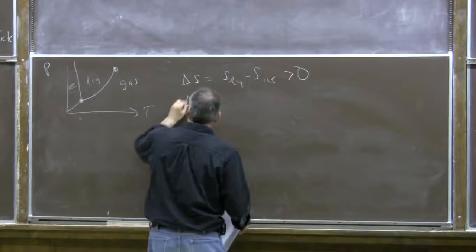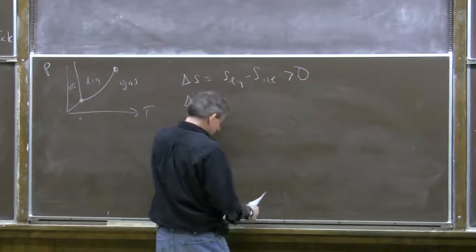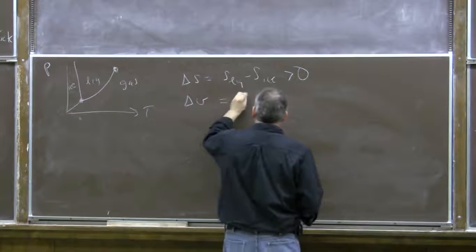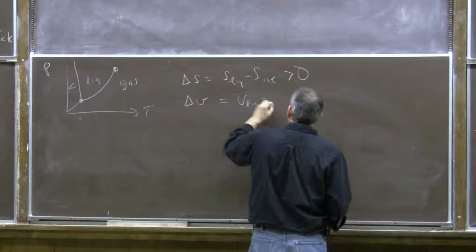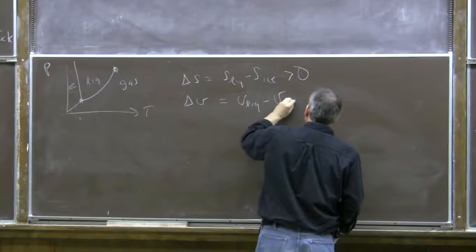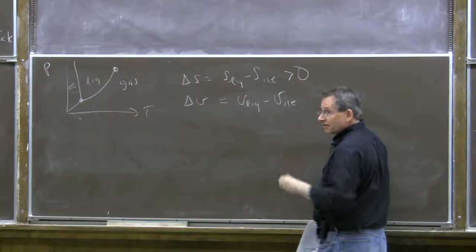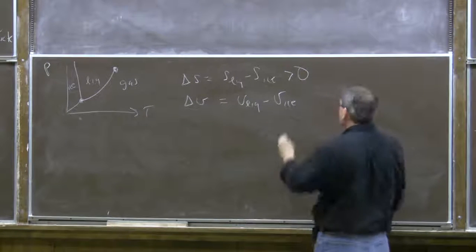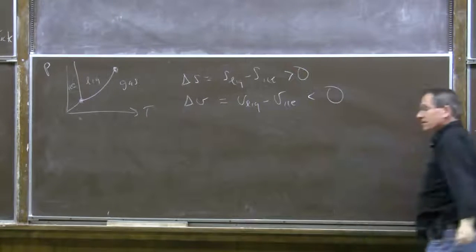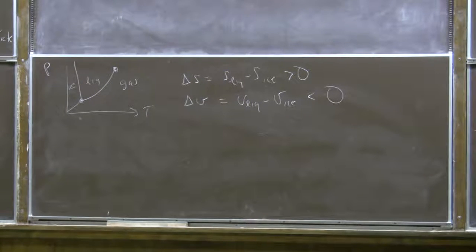And if I consider the volume per particle difference between the liquid and the solid, is that positive or negative? It's negative. How do you know? Isn't water weird? Ice expands. Water expands when it freezes. Right, so it's actually negative. You'd know that if you saw Titanic, right?